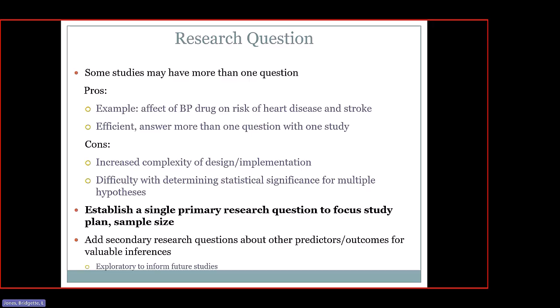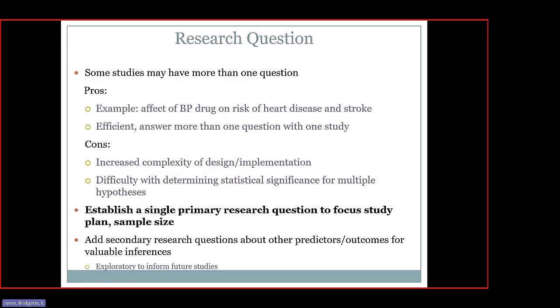It can also be more complicated to determine the sample size needed, depending on the incidence of heart disease and stroke in a given population, and how you set up your statistical analysis for multiple hypotheses. So again, establish a single primary question to focus your study and your sample size on.